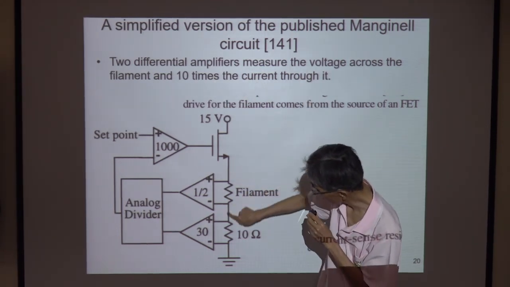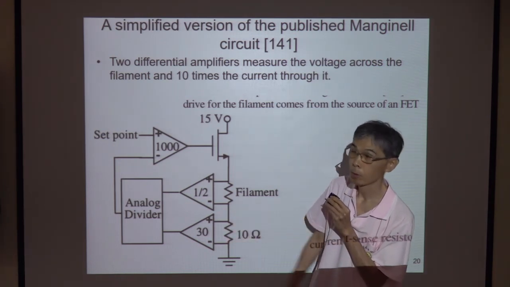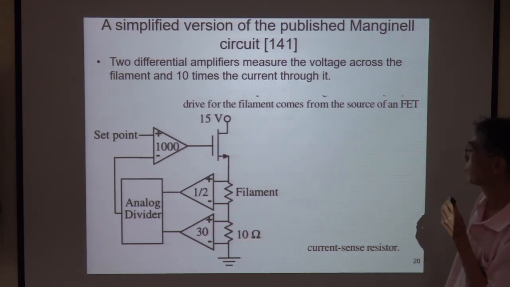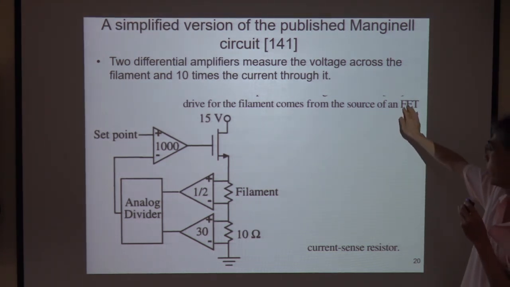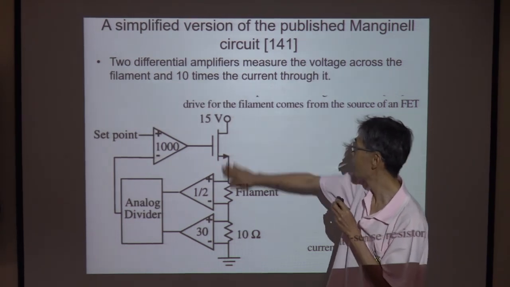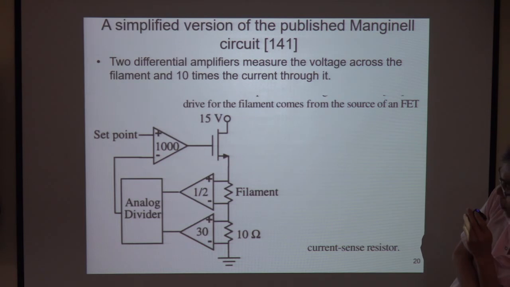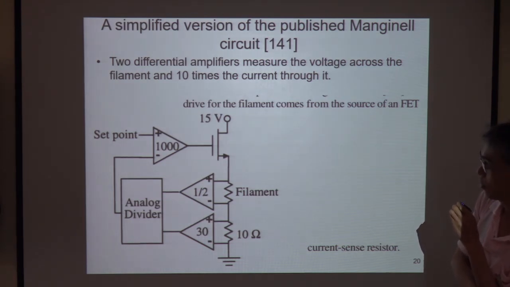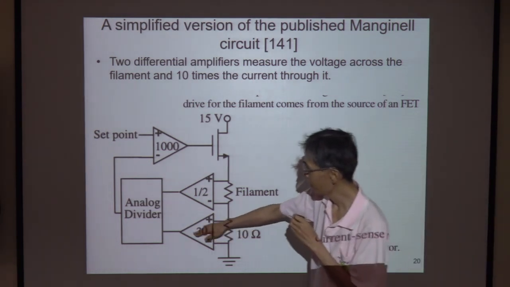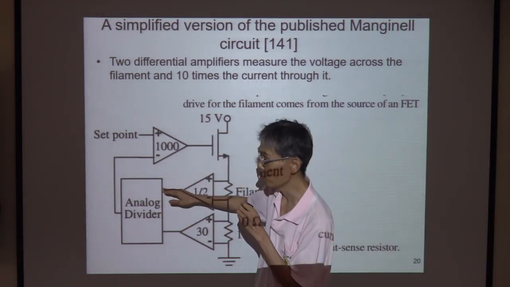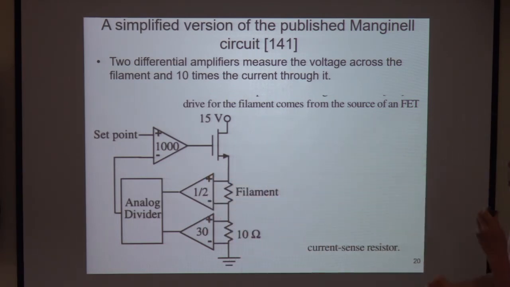The current is multiplied by this, and we can get voltage. And you use a FET for the power supply, the source. The purpose of this is to create the proportional controller, KP. Next.